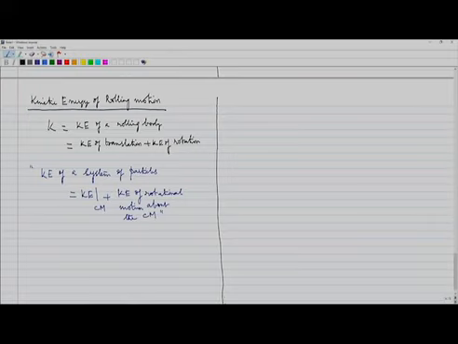So in the same way, the kinetic energy of a rolling body is equal to, first, translational motion: if the mass is m, half m v cm squared, plus the kinetic energy of the rotational motion about the center of mass. This is half I omega squared.